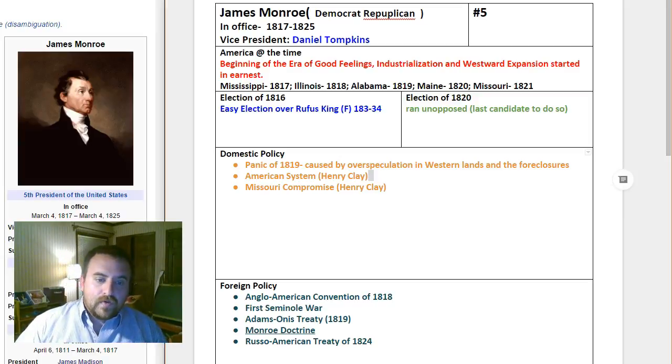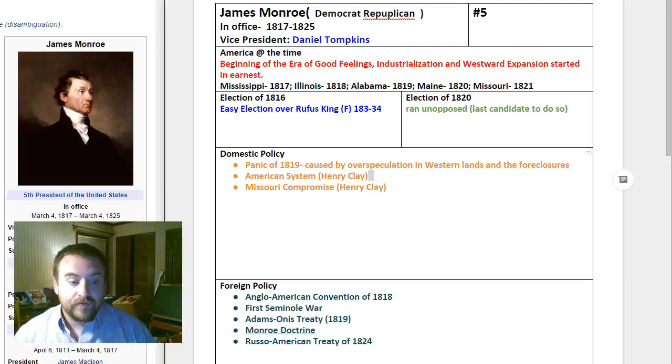So James Monroe's administration is going to send Andrew Jackson after the Seminole, and basically invading Spain. But it's not really going to cause an issue as long as they don't attack Spanish posts, forts.